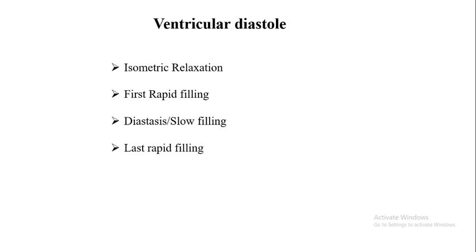So all these four events occur. Isometric relaxation phase occurs in 0.08 second, rapid filling phase in 0.113 second, diastasis in 0.167 second, and last rapid filling phase in 0.1 second.